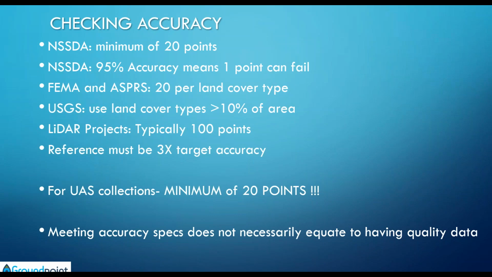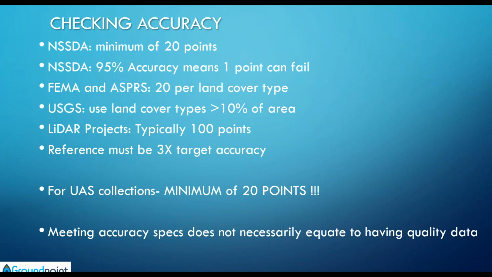The USGS recommends that we assess specific land cover types if those land cover types are greater than 10% of our project area. They're typically talking about larger areas than a drone might typically collect. So, regardless, for a drone collection, we're talking about a minimum of 20 points.